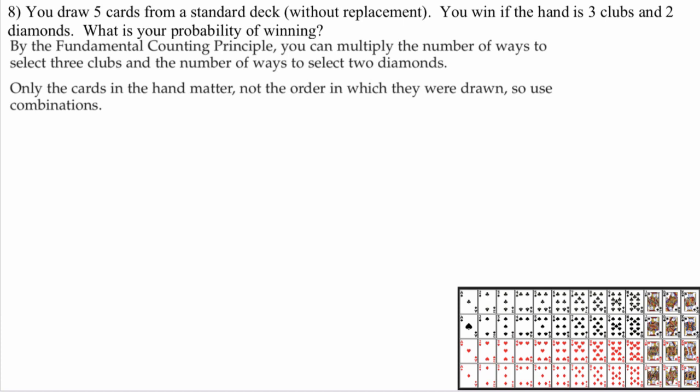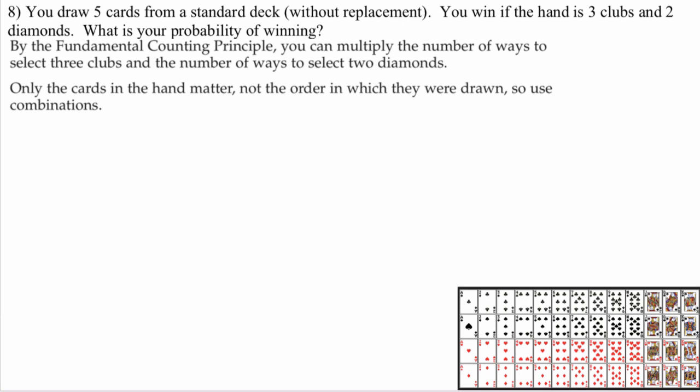A couple more. You draw 5 cards from a standard deck of 52. You win if the hand is 3 clubs and 2 diamonds. What's your chance of winning? It's a tricky problem, so just watch, and maybe you can do the last one. Now, think about cards. If you have in your hand ace, king, queen, jack, is that different than jack, king, queen, ace?